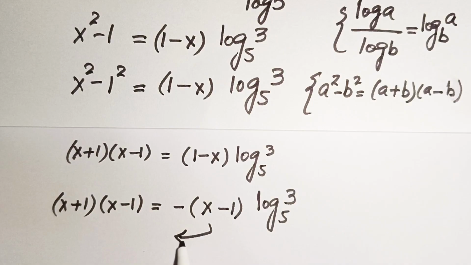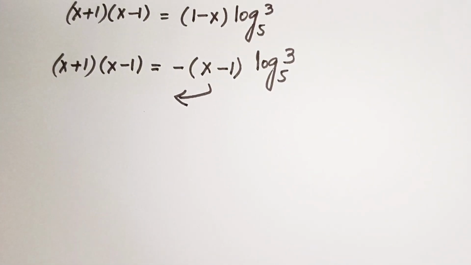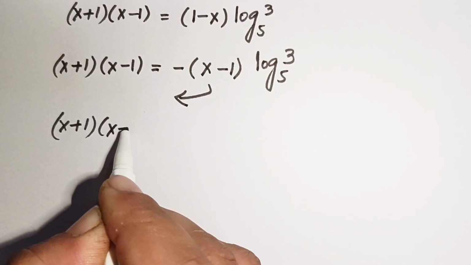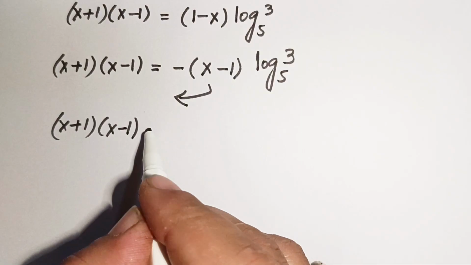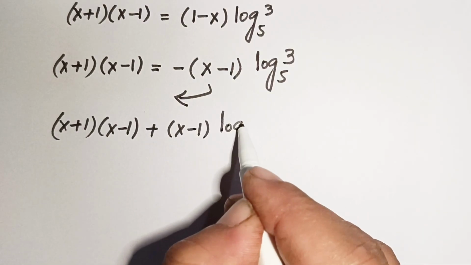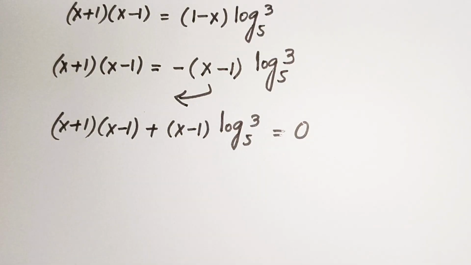Now shifting this term to our left hand side, we have x plus 1 times x minus 1 plus x minus 1 times log 3 to base 5 is equal to 0.